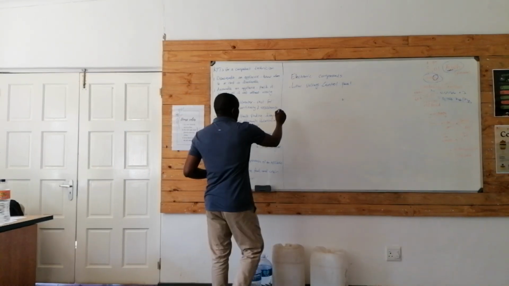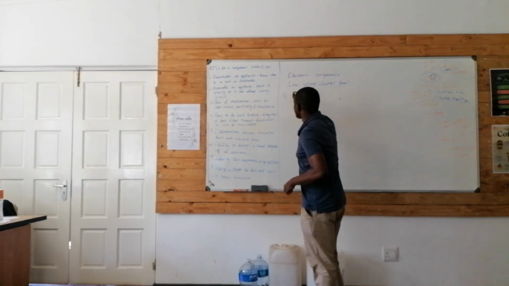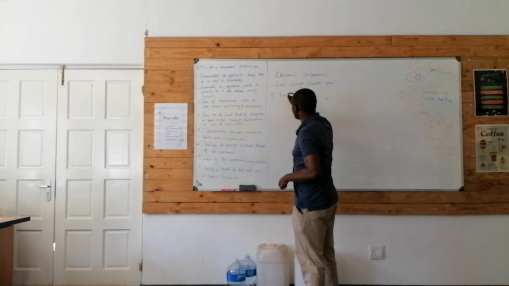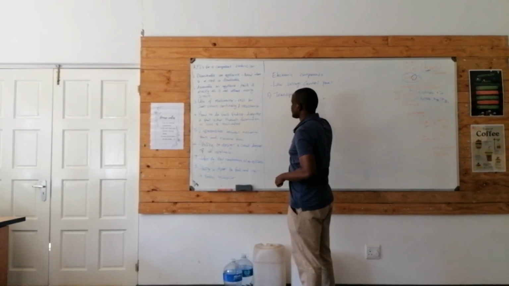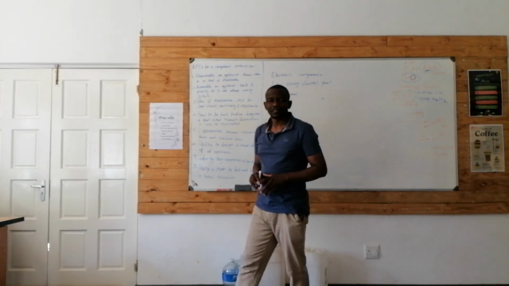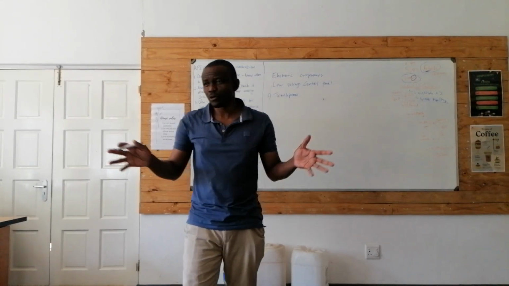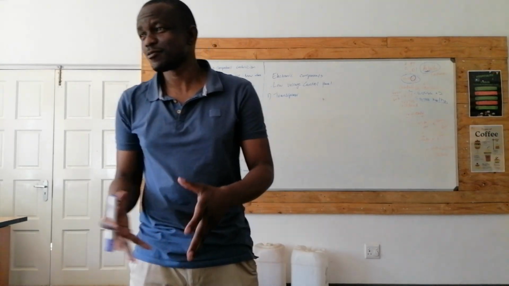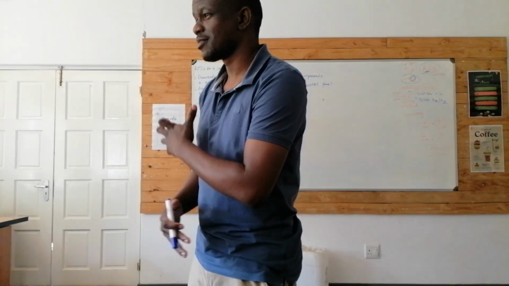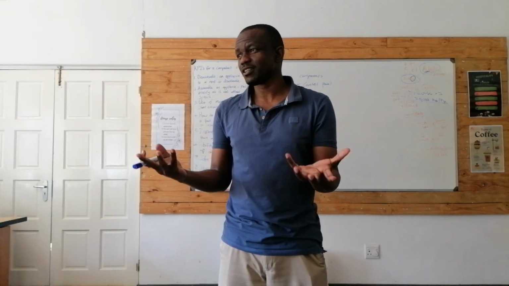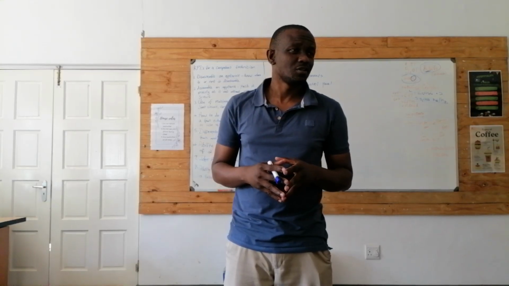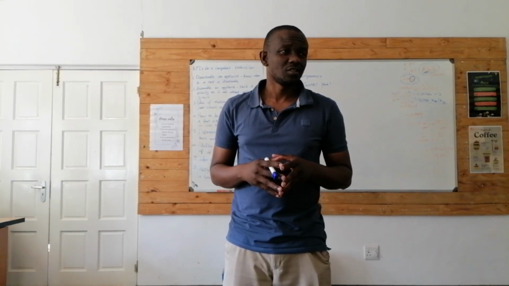The first thing that I want us to learn about is the transformer. What does a transformer do? I'm not interested in an explanation of what a transformer is, but what are the main key functions of a transformer? To step down or step up power.